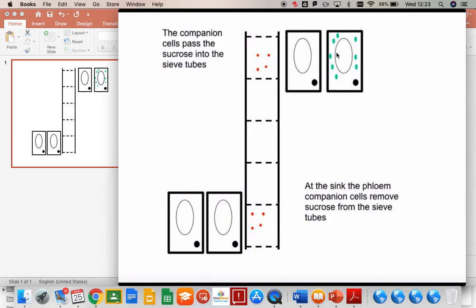And we call this place where sugars are loaded in, i.e. leaves, sources, and we call places where the sugars are removed from the phloem sinks. So added to in the source, removed at the sink.